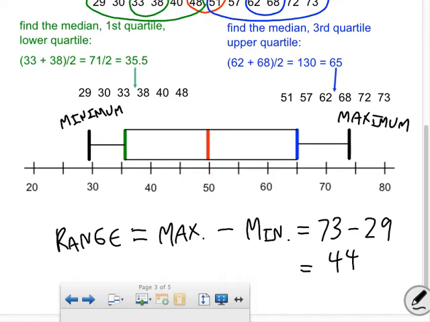Now, the reason why I'm bringing that up is because we're going to review another range, the interquartile range.